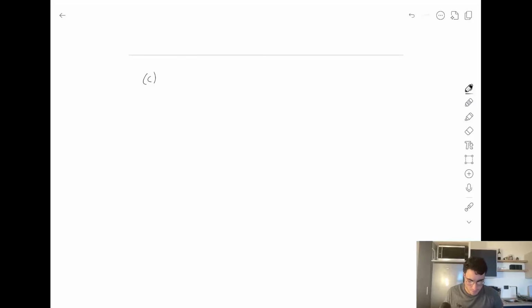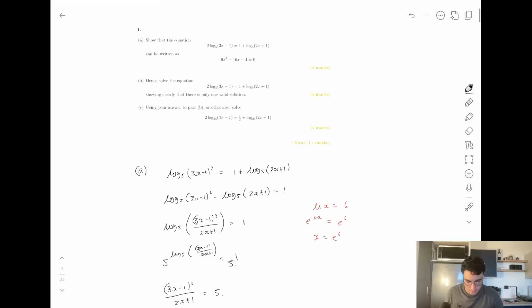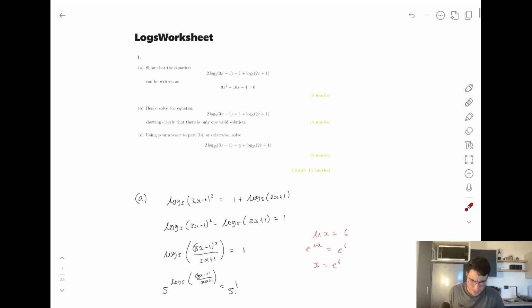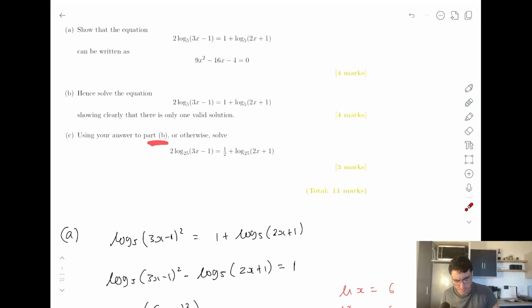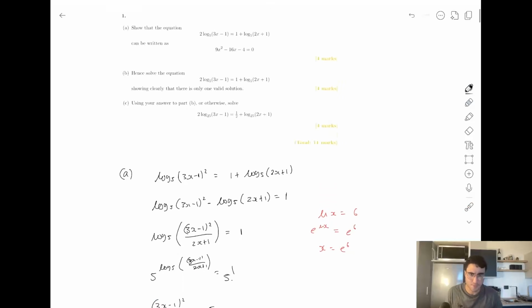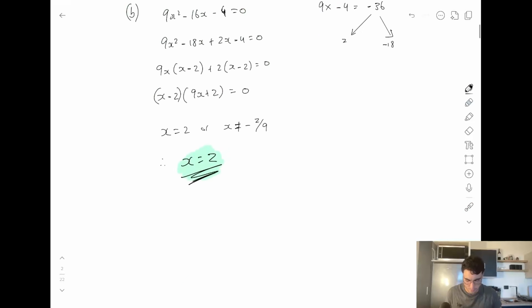Alright guys, so for number C, now it says, using your answer to part B, or otherwise, solve 2 log 25, 3x minus 1, is equal to half log 25, 2x plus 1. Interesting.